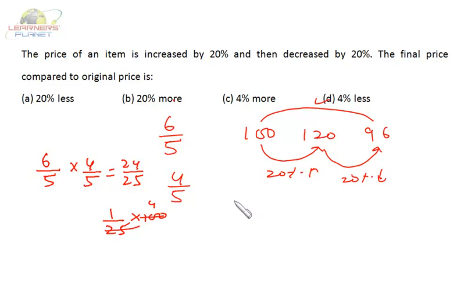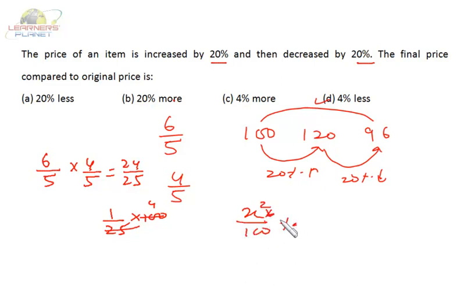Apart from that, you can also remember this concept. If the changes in price are the same percentage, that means it is increased by say x% and decreased by x%, then in all it is an x square by 100% decrement.